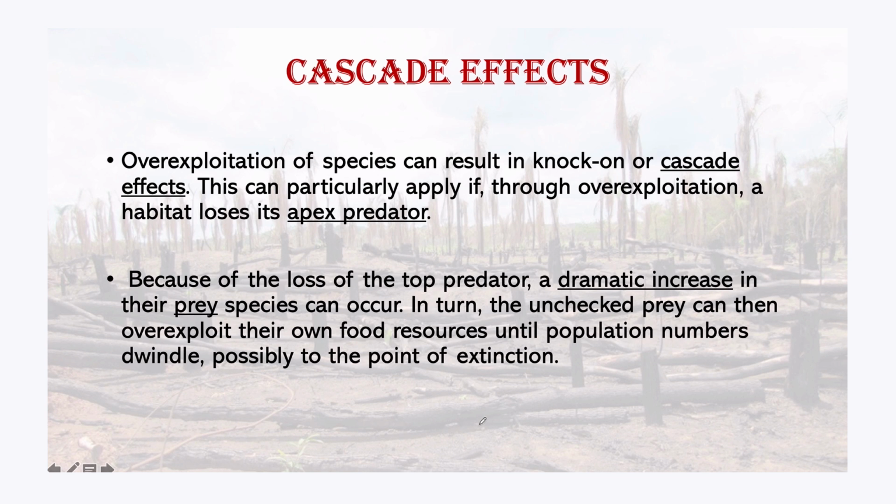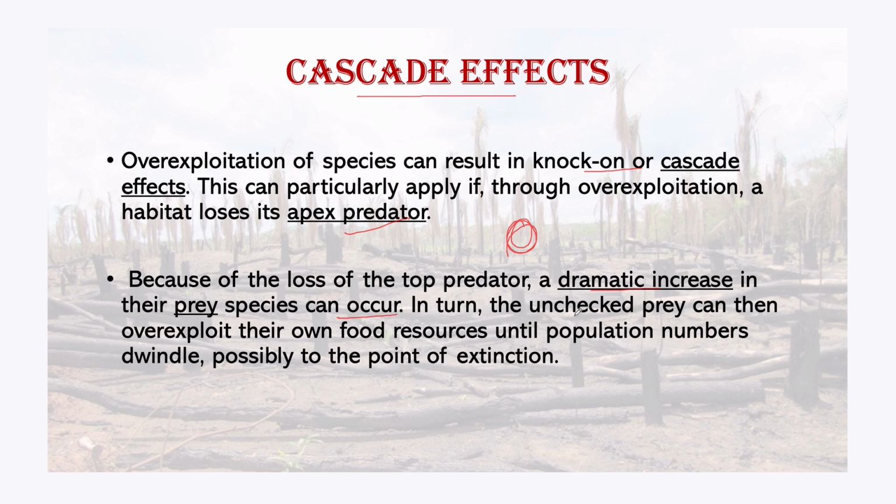So there are cascade effects of this overexploitation. Overexploitation of species can result in knock-on or cascade effects. This can particularly apply if through exploitation a habitat loses its apex predator. Because of the loss of the top predator, a dramatic increase in its prey species can occur.